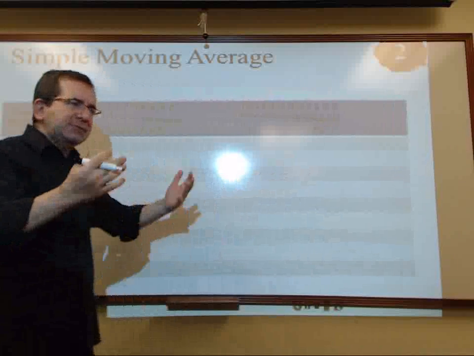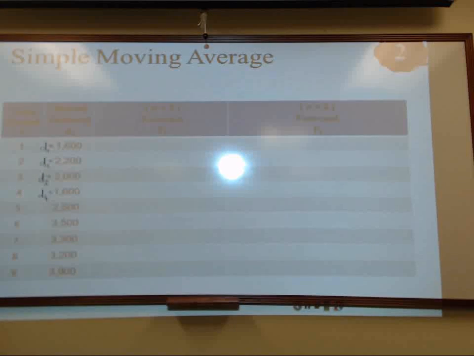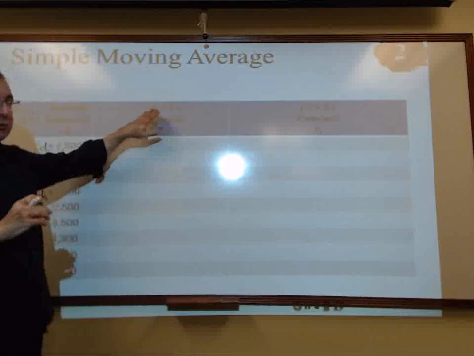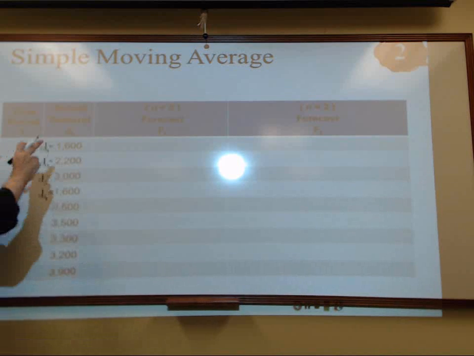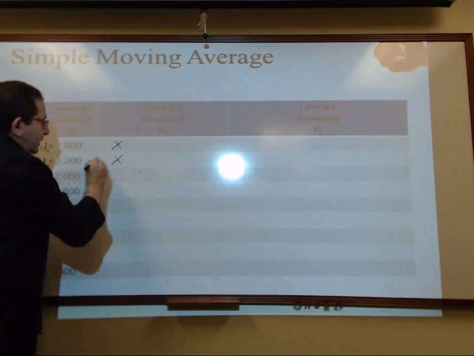You can think of how to extend it to 4, 5, 6, etc. Okay. So if I set n equal to 2, that means for a forecast there has to be at least 2 previous periods. So I don't have that for period 1 and period 2.